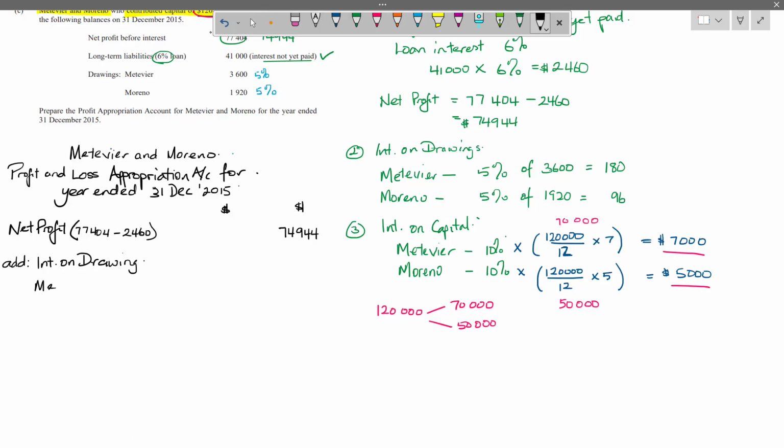Right, so Mentive, Marino. Again, another bracket. I could just put 6,600 multiplied by 5%. 1920 multiplied by 5%. This is not going to take up too much room.